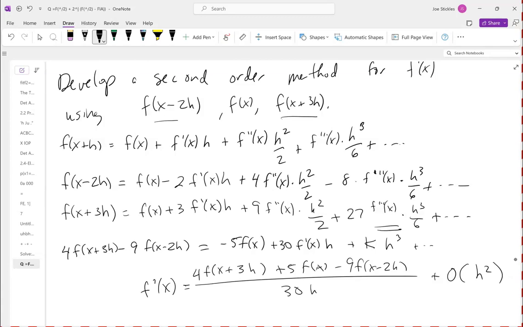To give you an example of what bad might happen, if you try to do this for maybe the square root function around 0, you know that you can't differentiate around 0 very easily. In fact, it's not even defined on the left side of 0. So you'd have issues there because that derivative keeps getting bigger and bigger the more derivatives you take when it gets close to 0.